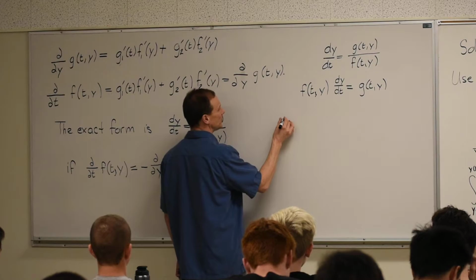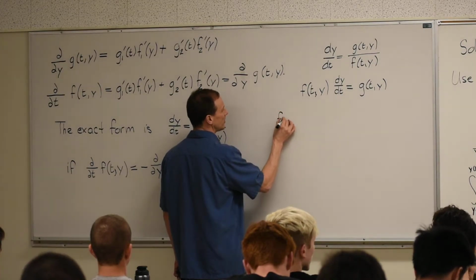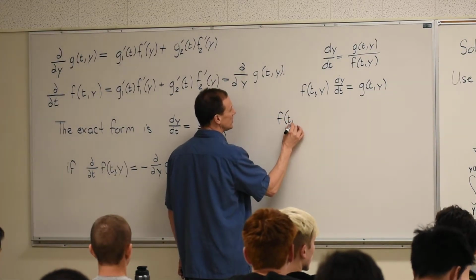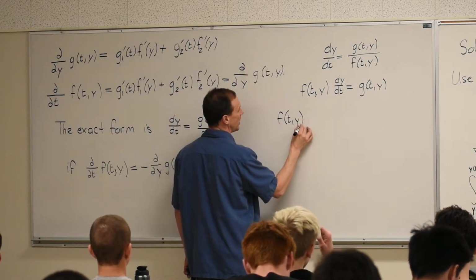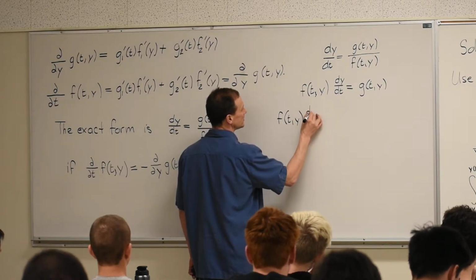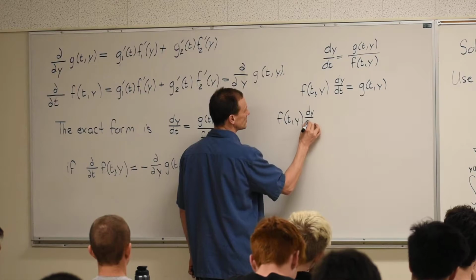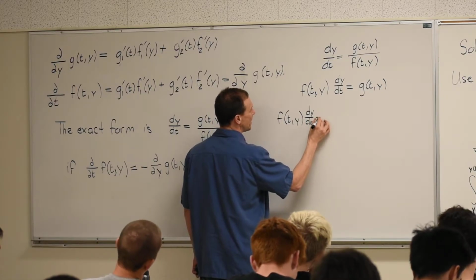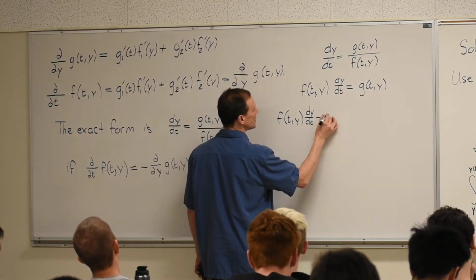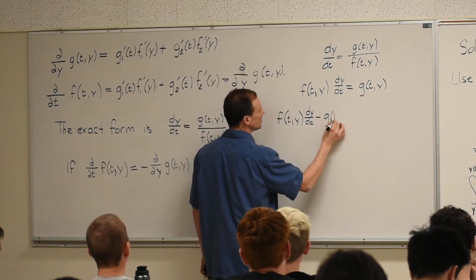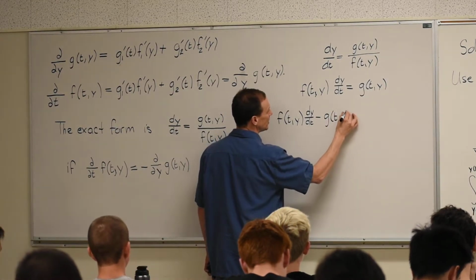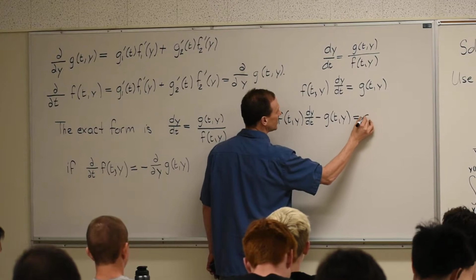The minus comes from this: f of t comma y dy/dt minus g of t comma y equals 0.